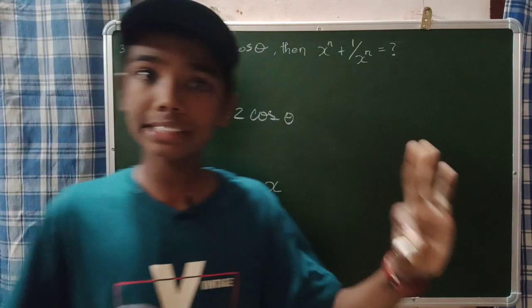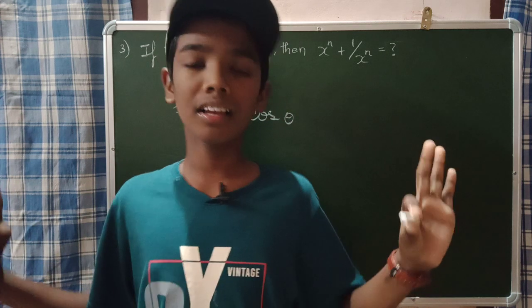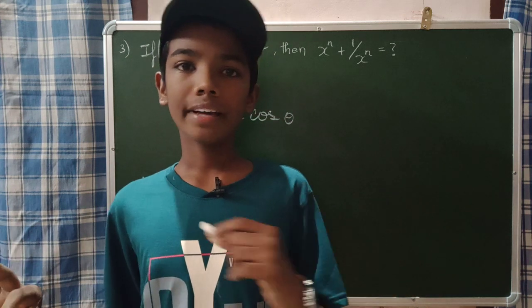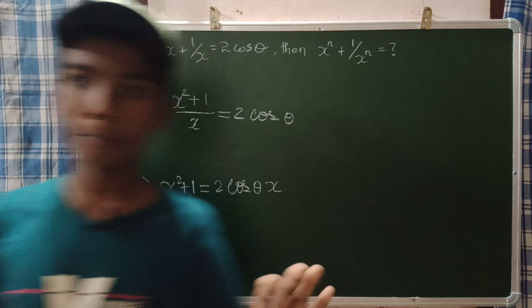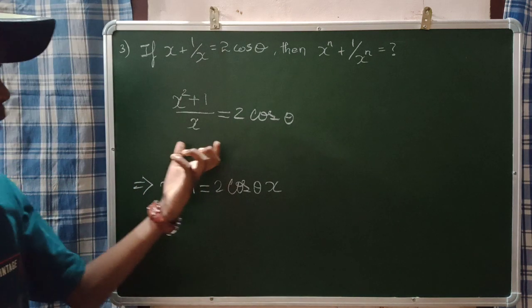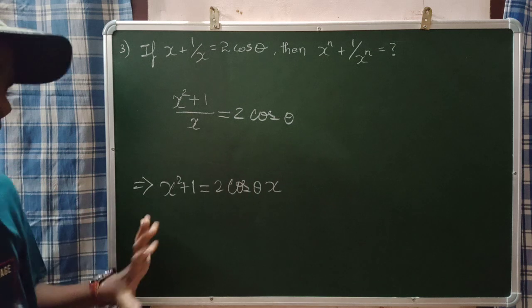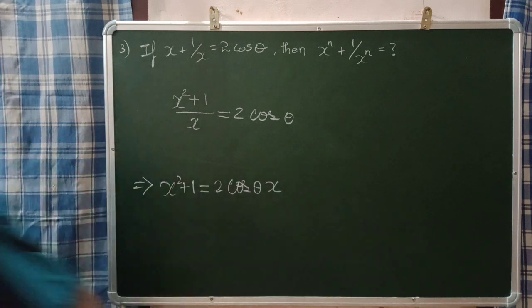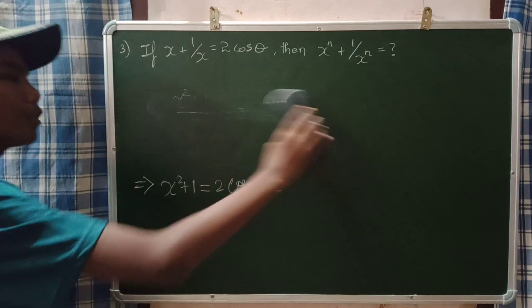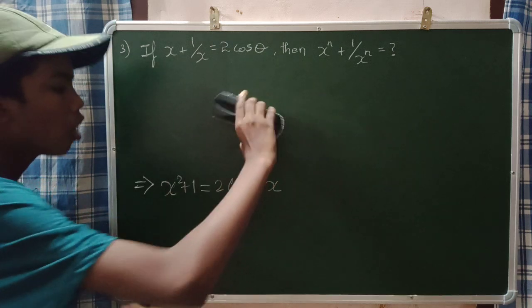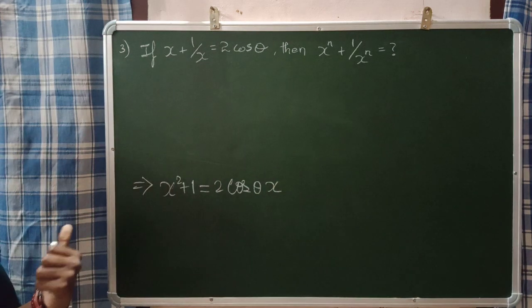These are all the basic things, not very high level mathematics. Now after this, what I am going to do is, I am going to take all the terms to one side.